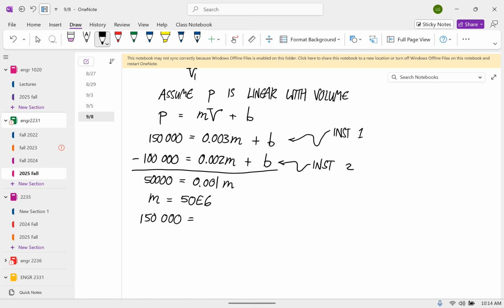150,000 is equal to 0.003 times 50 times 10 to the 6 plus b. Can someone tell me what that b is?